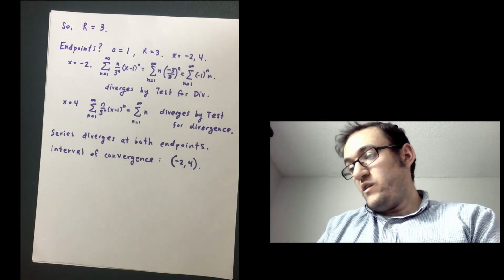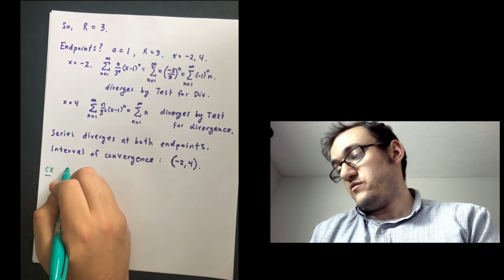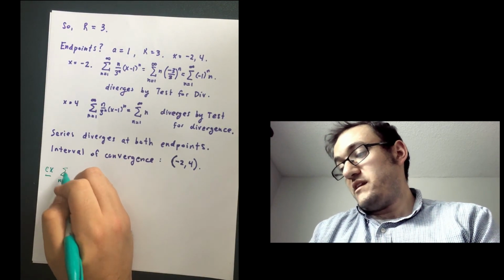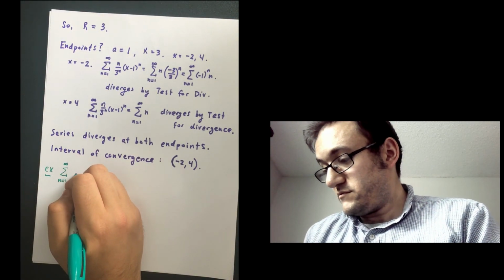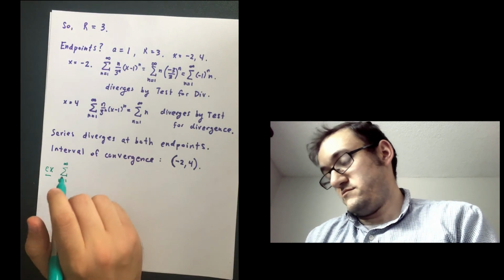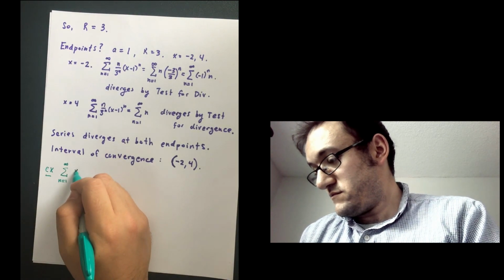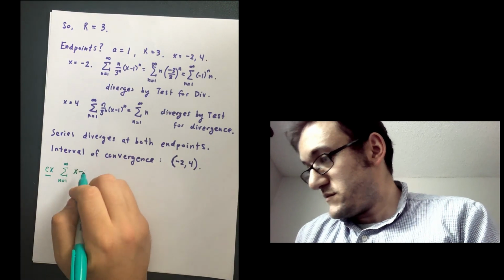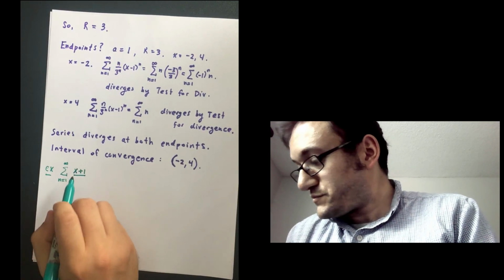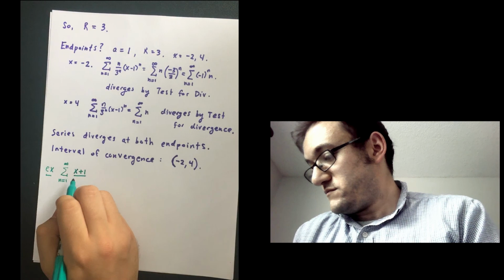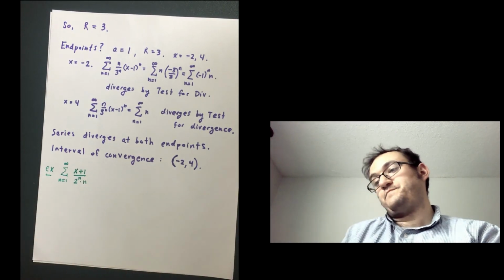Let's look at one last series. If we have the sum from n equals 1 to infinity of x plus 1, divided by 2 to the n times n.